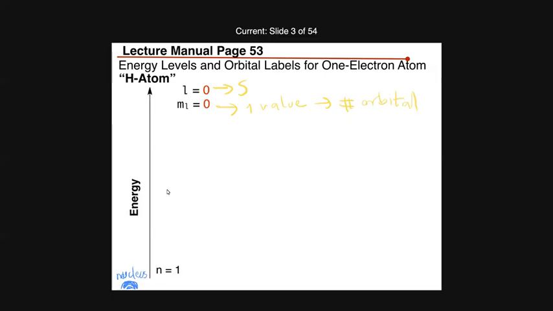In this case, the s subshell contains only one orbital, and the main energy level where this orbital resides is main energy level 1.